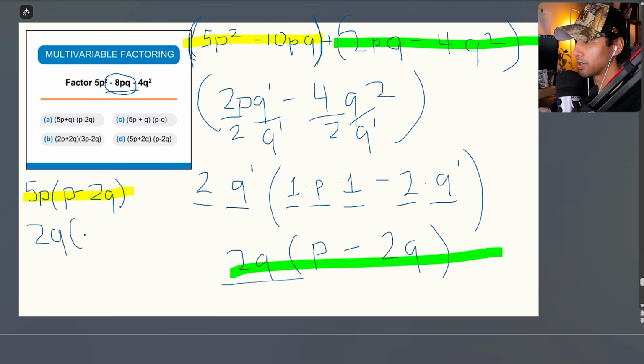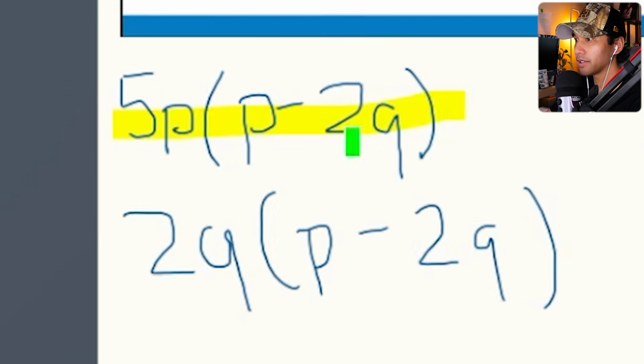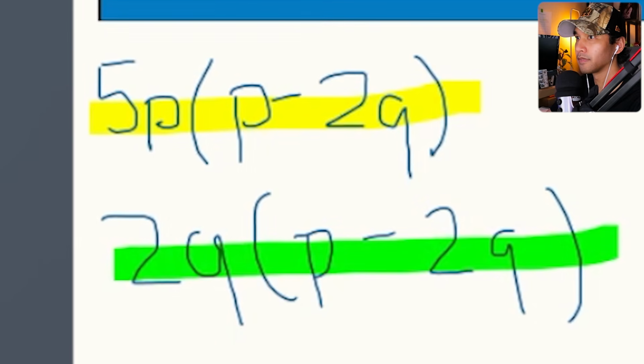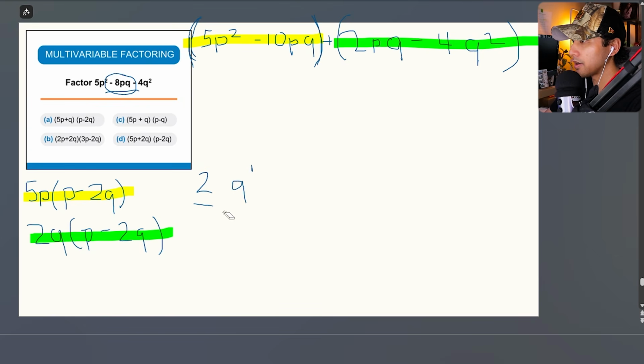So I'm going to show you the next step. Do you notice anything with what I've written down? I ask that because it is very important that you identify similarities, or patterns. You see that this right here, p minus 2q, is the same as p minus 2q.